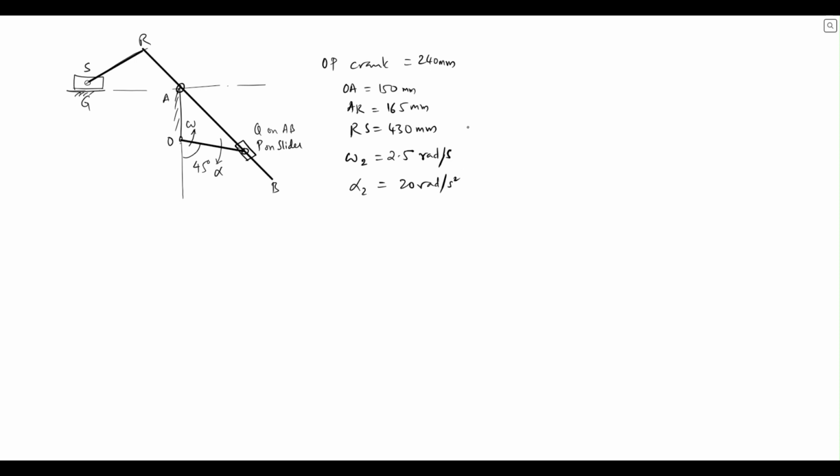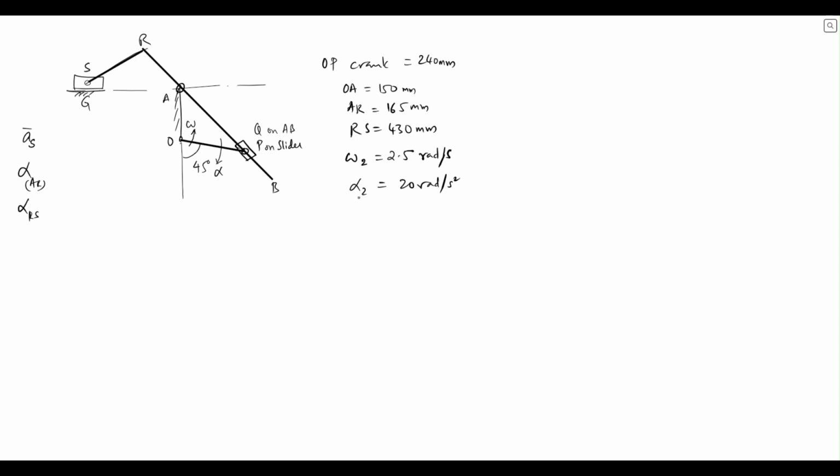At this instant, we want to determine the acceleration of the slider S, and we want to determine the angular acceleration of AR and the angular acceleration of RS. Whatever the angular acceleration of AR is, it is the same as the angular acceleration of the AB portion. So we're interested in finding those.